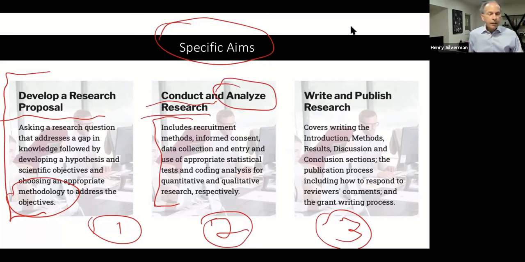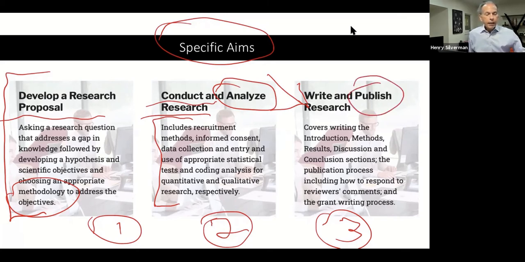And then the next step is that once you have all these data that are analyzed, we will help you write the research paper, including now the results section, discussion section, conclusion section, and then we would help you publish your research.